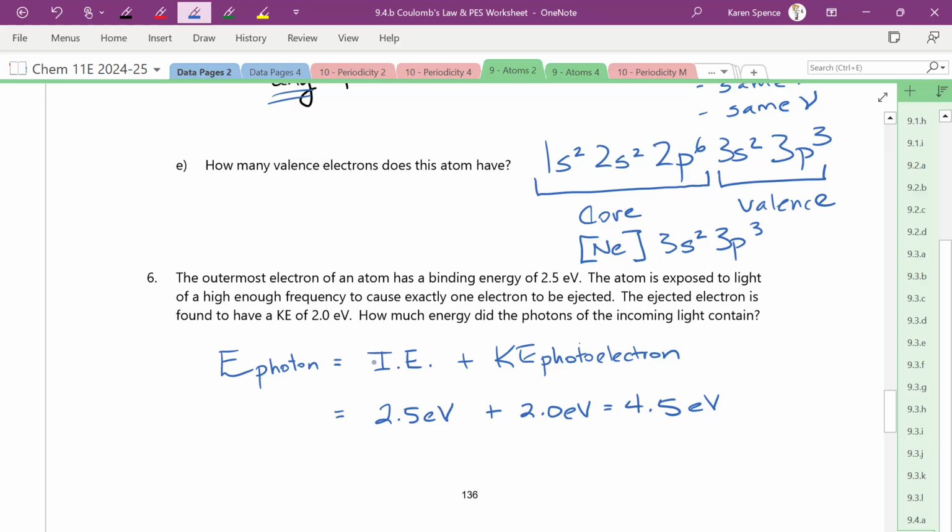I guess I should write binding energy. Is it not ionization? It is. You could write it that way, but whatever. Does this formula make sense? Before you just copy it down, think about it. Does it make sense to you?